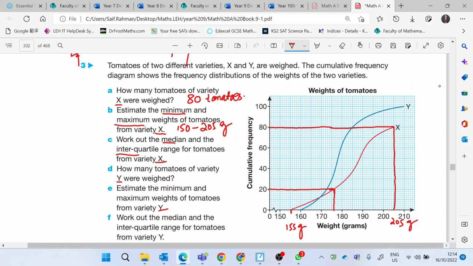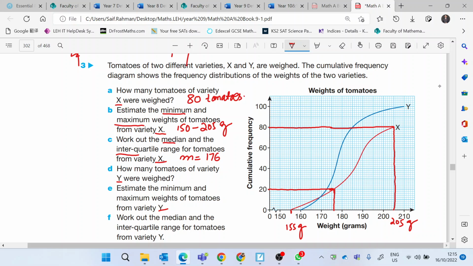So the 20th tomato was, its weight was 176. Median was 176, and sorry, it's not median.